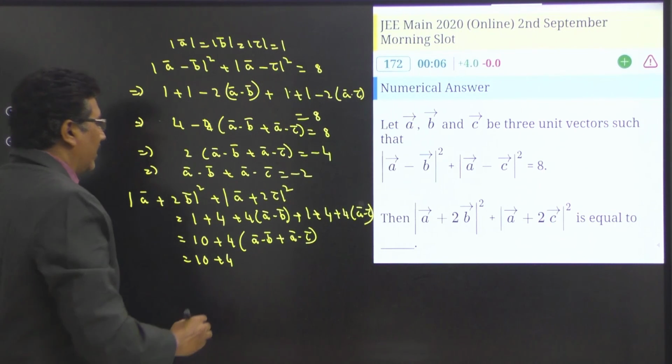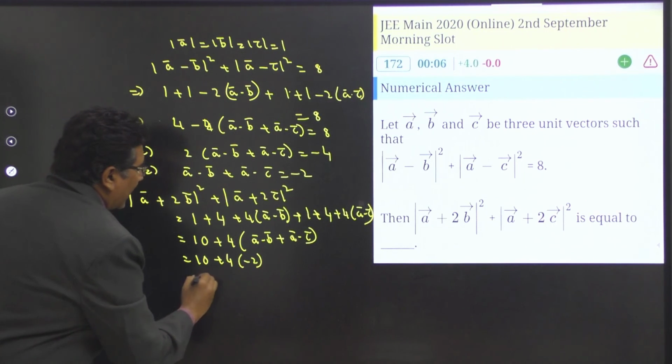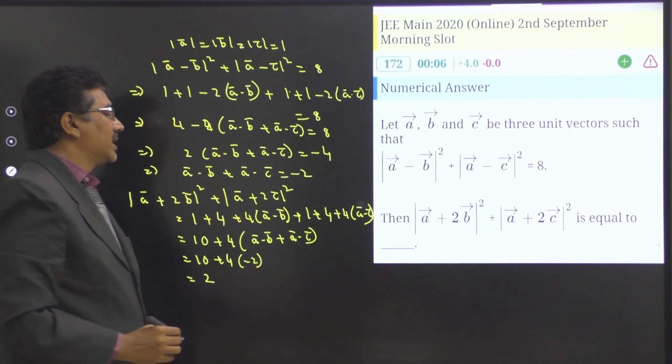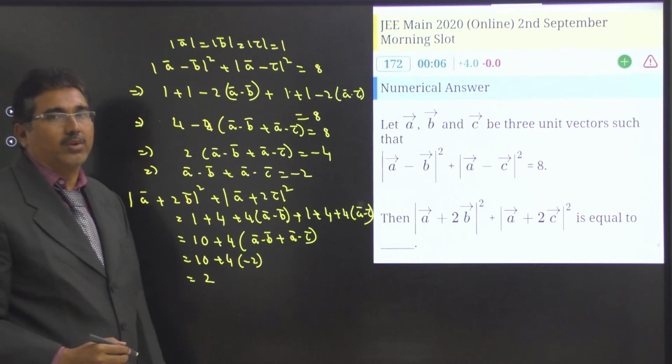Right, that is equal to minus 2, 4 into minus 2, 10 minus 8, that is equal to 2. Right, therefore the required value is equal to 2.